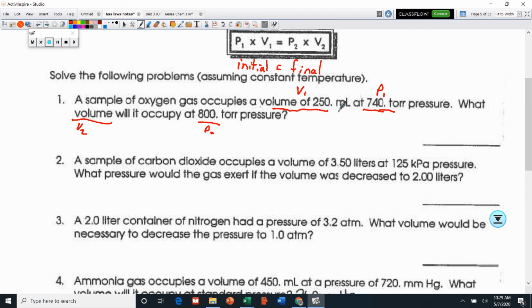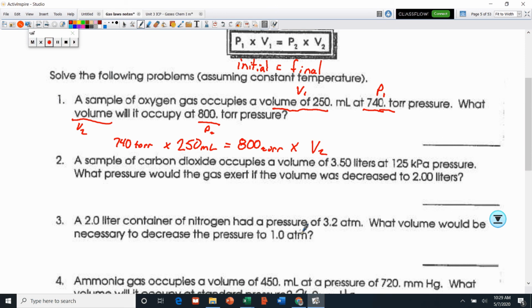All you really have to do is pick out what's your unknown and what are your givens. So plugging it in, I have 740 times 250 milliliters equals 800 torr times V2.